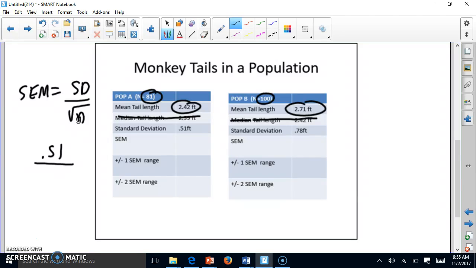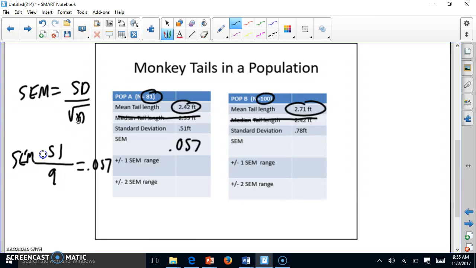The square root of 81 is 9. If we do that math, we get the standard error of the mean to be 0.057.